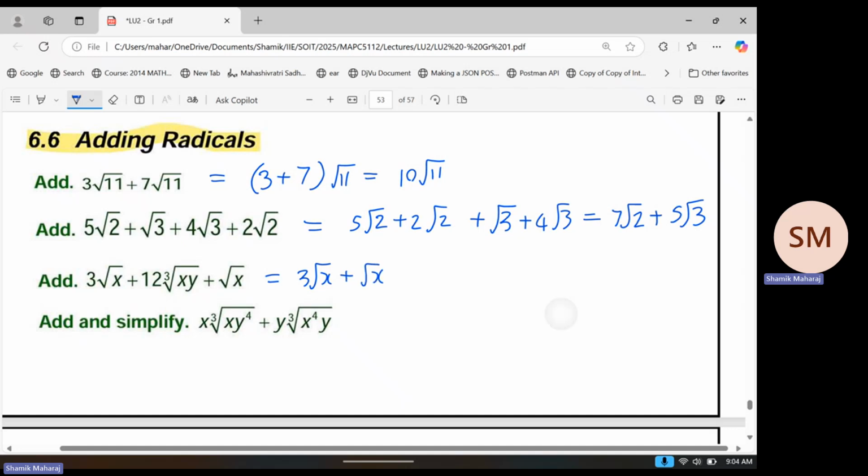And this other one, I don't think we can do much with it. 12 cube root of xy. That's not common with anything else, so we'll probably just leave that aside. And we can rewrite this as 4 square root x plus 12 cube root of xy. But I don't think we can do anything further with this. Yeah, because it's a cube root of x, so nothing much we can do about that.